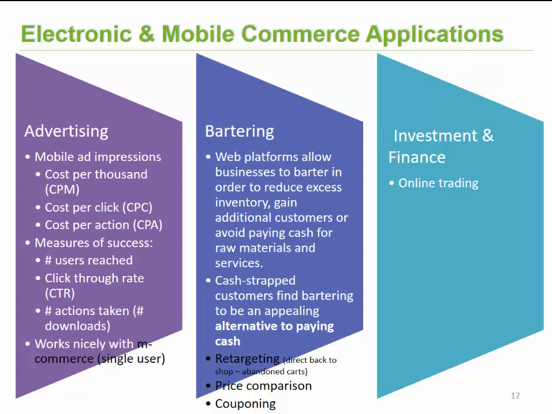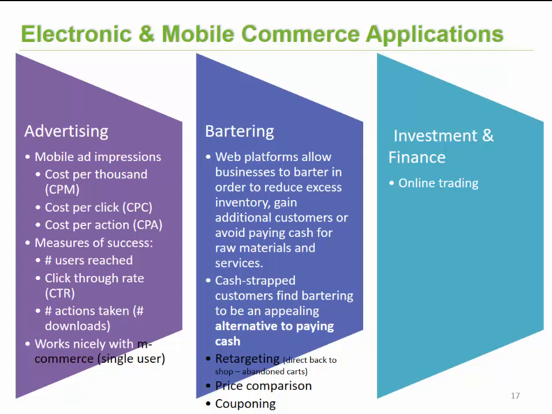So what are the measures of success? What do companies actually look for if they want to determine whether their advertising strategies are successful? The first one is they can go and look at the number of users that they've reached. So did people buy more products? Did they gain more customers, etc.? They can also look at the click-through rate. Now the click-through rate is similar to cost per action.